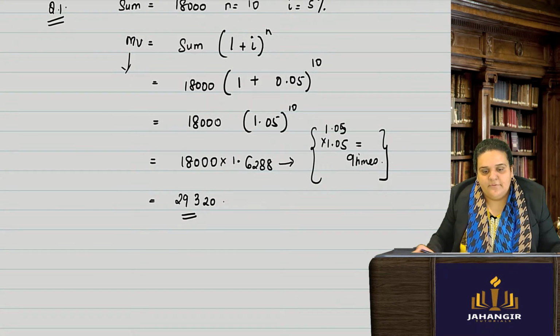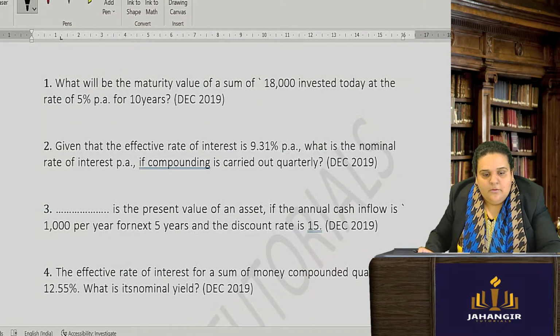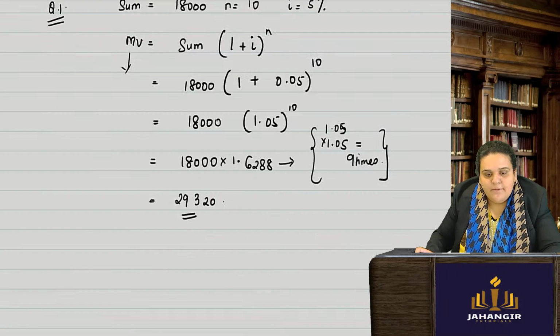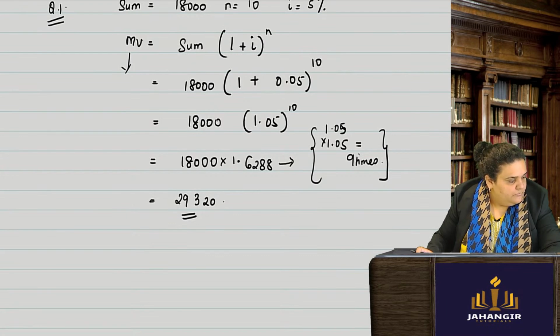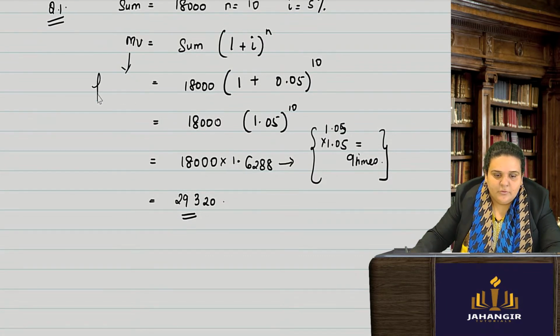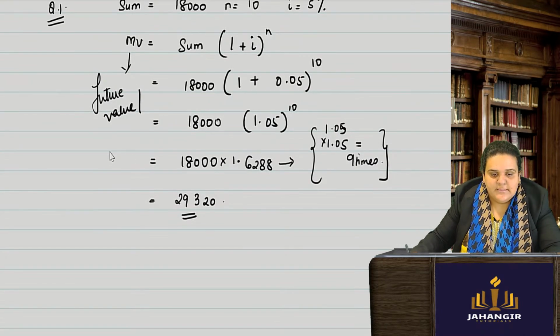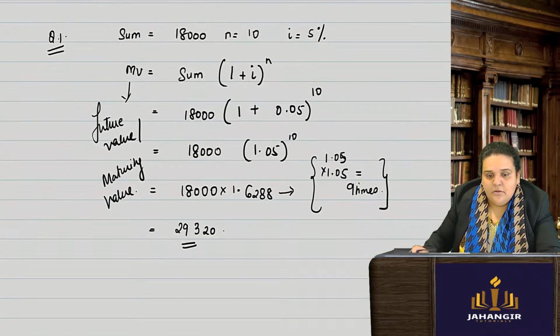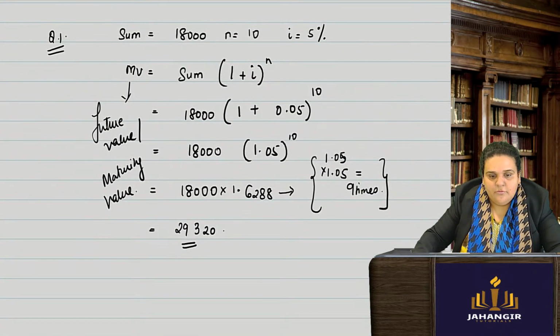If I discount it, it becomes the present value of the maturity value. Understood? Okay, this is one. Please write down this particular formula.